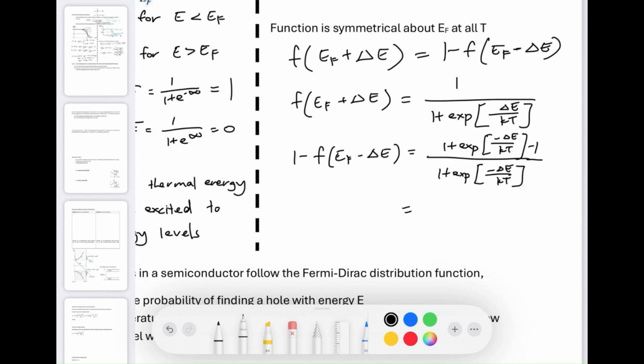And so this is actually also equal to 1 over 1 plus exponential of delta E over KT, and this is of course equal to this, so hence proven.